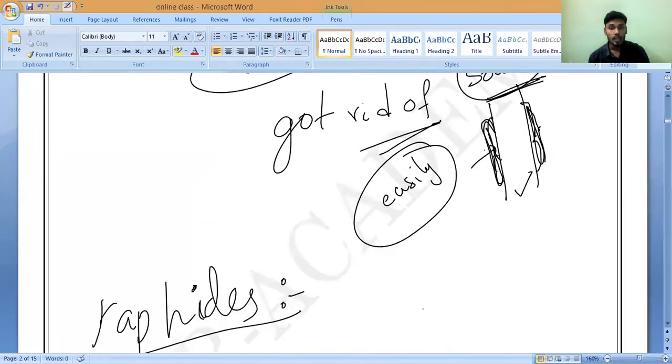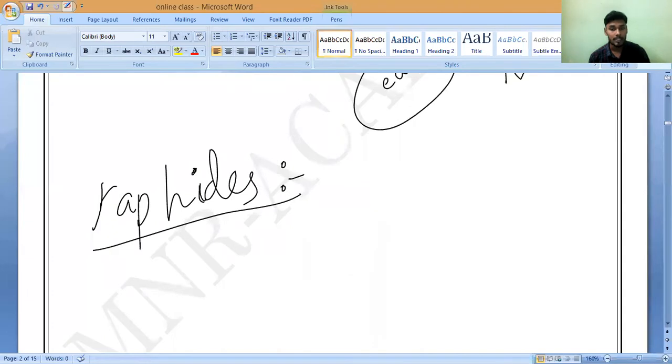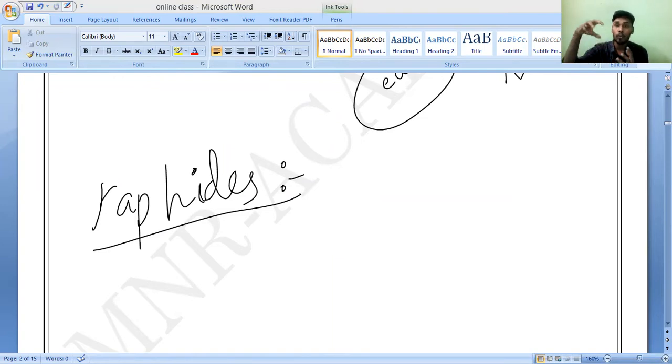So now, what is the meaning of raphids? All of you remember, some of the plant waste gets stored in the fruits of the plant, in the form of solid bodies. That is what we should call raphids. Do you understand, all of you?